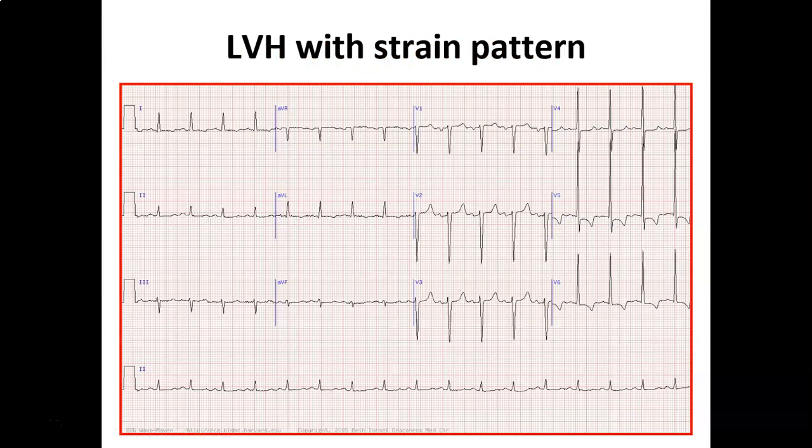Look at this ECG and try to identify the changes associated with ventricular hypertrophy. Here obviously there is a deep S wave in V2 and a tall R wave in V5. If you combine them, they are more than 35 mm, so this is left ventricular hypertrophy.